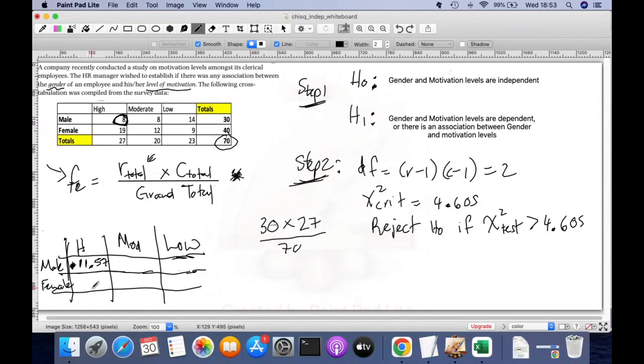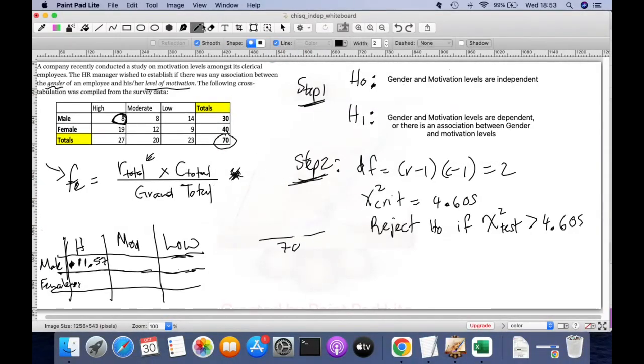All right, let's move on to the next one. Let's work out females that are highly motivated. I'm going to use the same formula, and I'm going to leave the denominator as is because I never change it. The grand total is always the same. Now for females that are highly motivated, the row total, if you travel along the row, is 40.